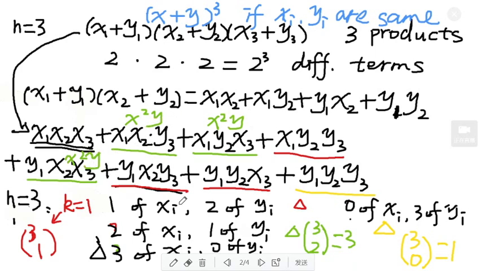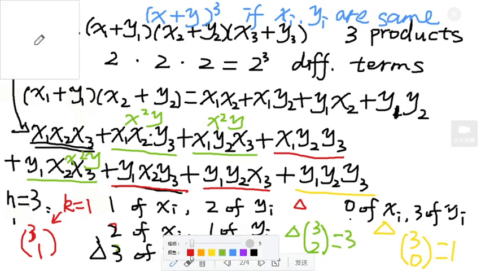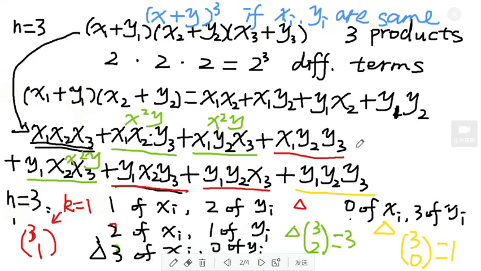Now let's check the red color. So if all the x and y are the same, what is this one? This is x y squared. And how about this one? It's again x y squared if they are the same. And how about this one? x y squared.